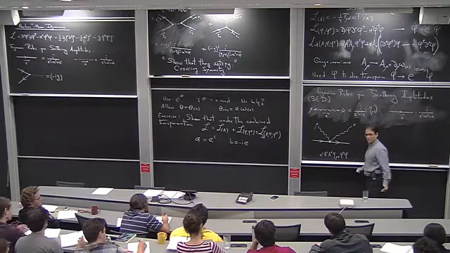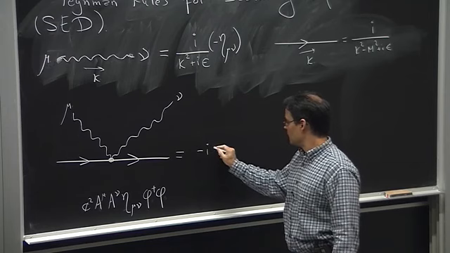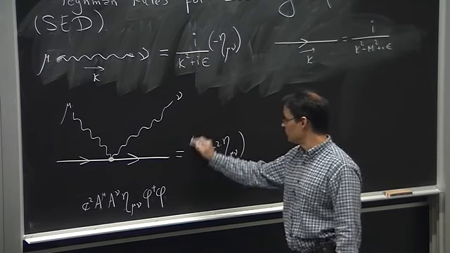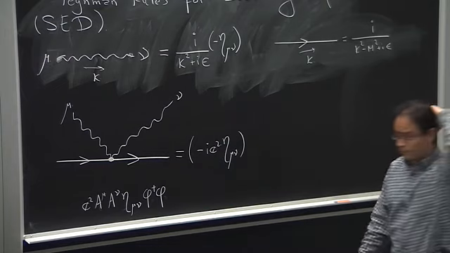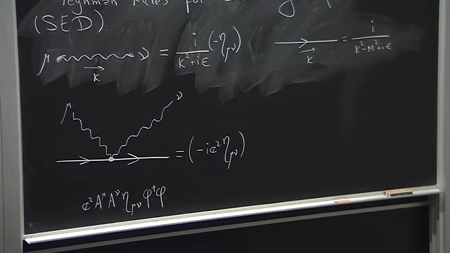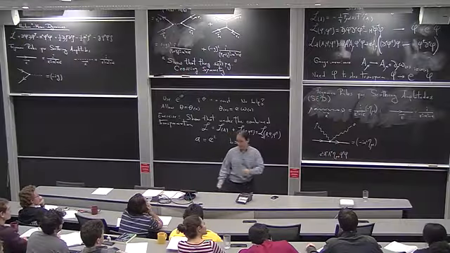And the interaction vertex is given by then minus i e squared eta mu nu. But I'm missing something here in this interaction vertex. What do you think it is? It's actually a number. Whoever can figure out the number and tell me the reason. 2? It's a 2. Now you have to tell me the reason.